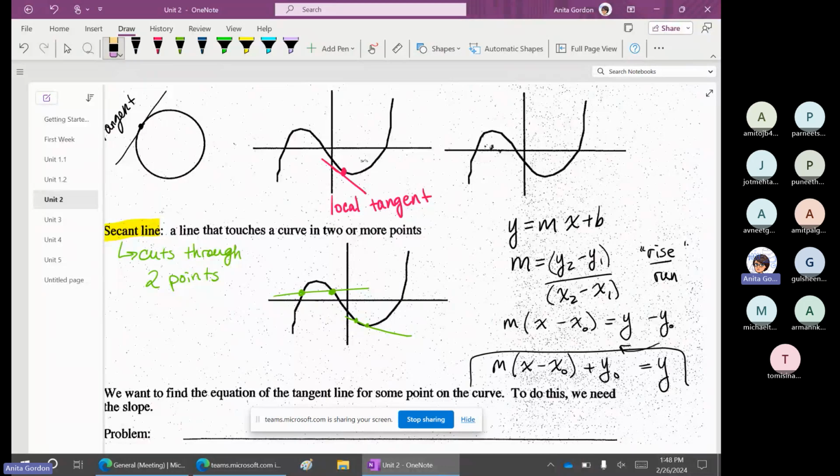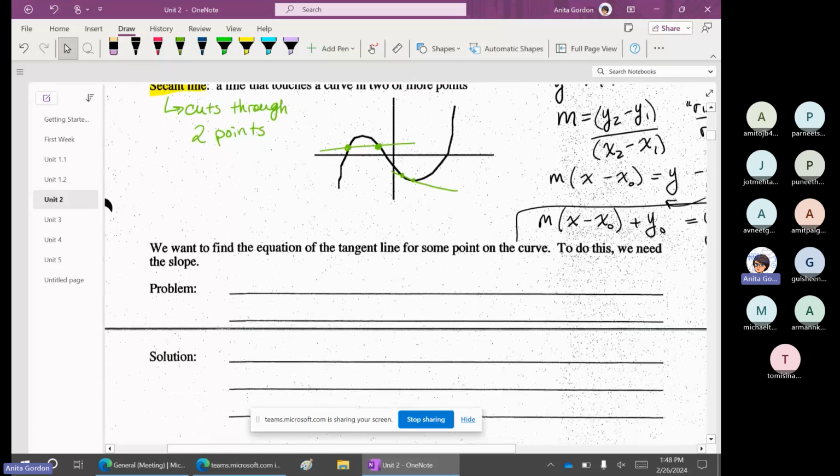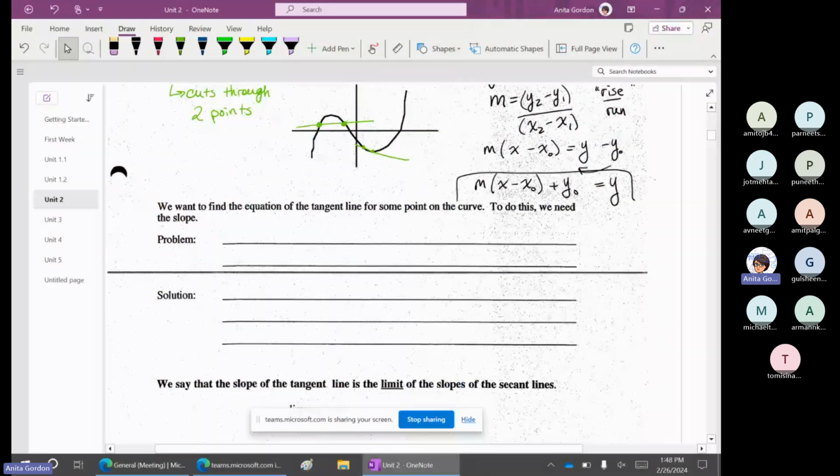I can use any point to set up this line equation, which is going to be very useful for us because we're going to deal with graphs that are not lines, right? So we want to find an equation of a tangent somewhere on a curve, and to do this, we need 1 point. So the problem is, I'm going to write this out in English language for one time only.